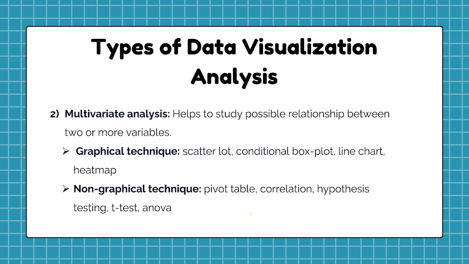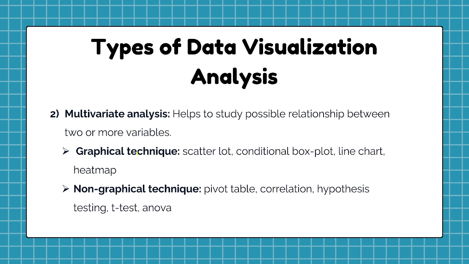Okay, under the second type of data visualizations analysis, which is multivariate, this method tries to find out what is the possible relationship between two or more variables, right? So let's say if we have two variables, we can conduct correlations analysis, and then we can continue further with regressions or any other methods that are suitable. Similar to univariate, we can conduct graphical or non-graphical technique.